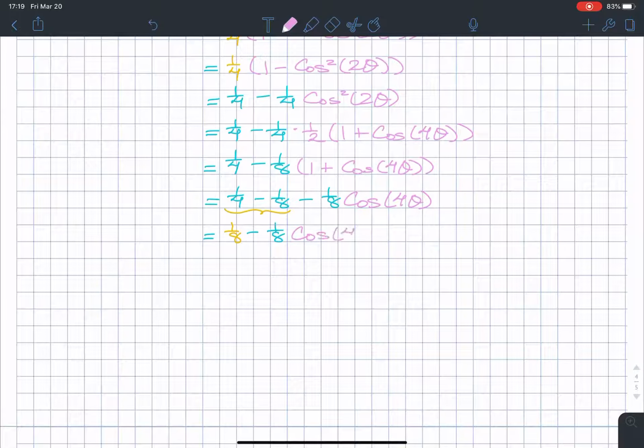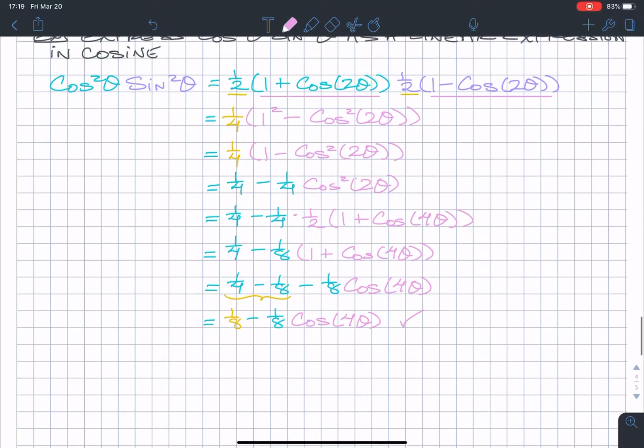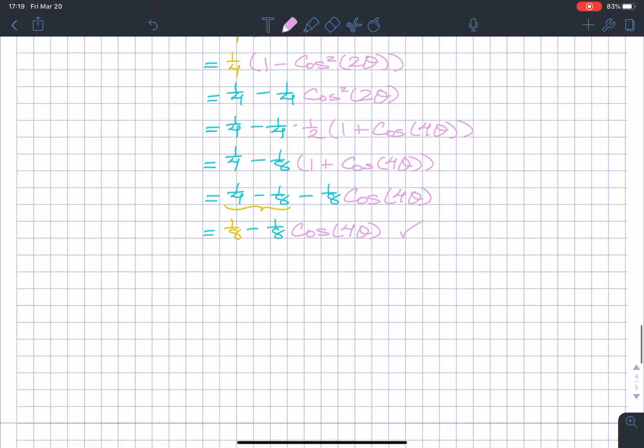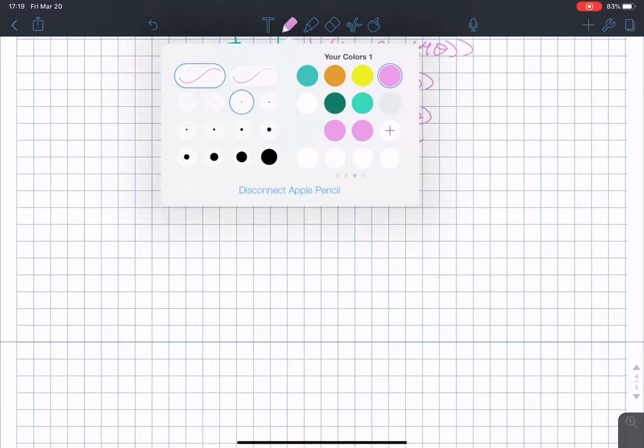Notice that the exponent on cosine is now 1. So check mark, so there we are. We've done it. Okay, I'm going to continue on.